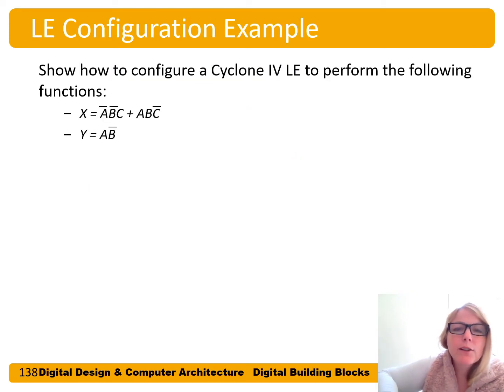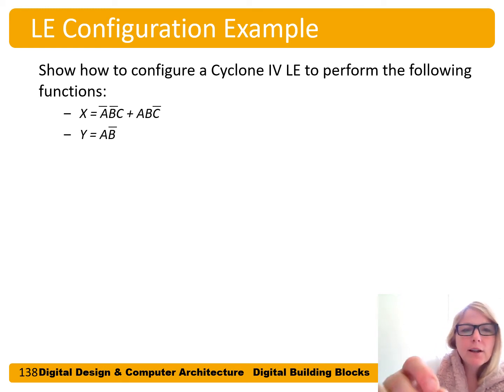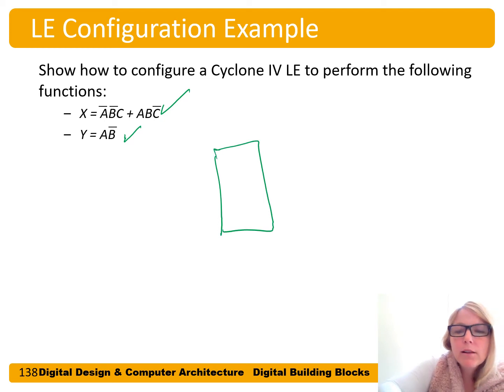Let's show how to configure a Cyclone IV logic element, LE, to perform the following functions. We have a function of 3 inputs here, and another function of, in this case, 2 inputs. Our lookup table is a small memory. It could have up to 4 inputs, and we only need 3.